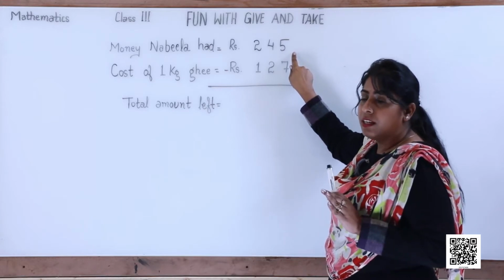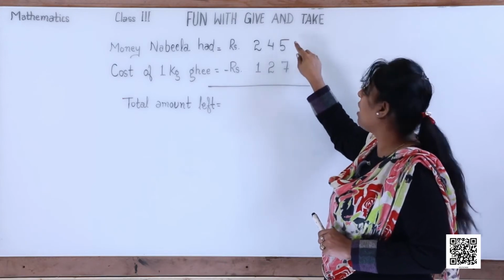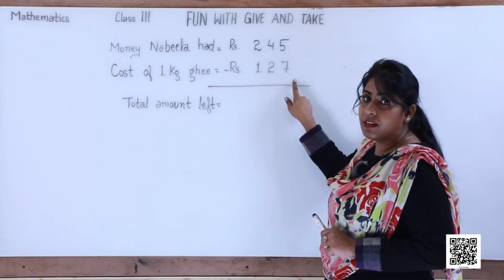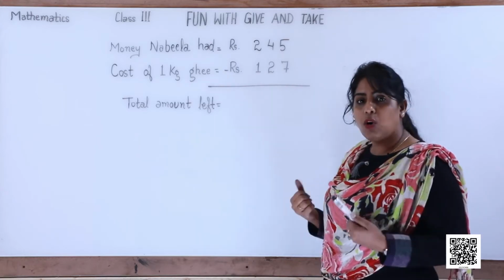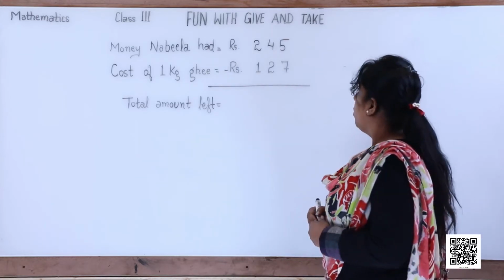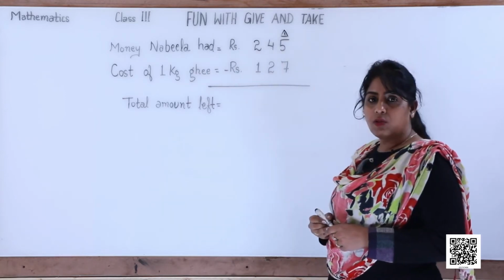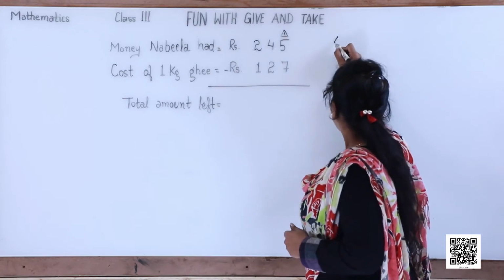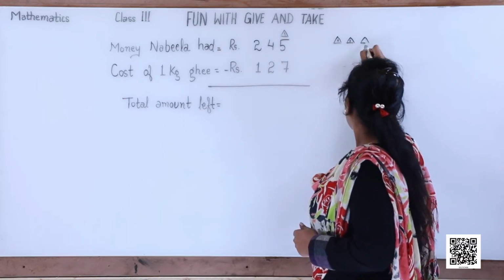We cannot do it. If you have 7 toffees, you can give 5. But if you have 5 toffees, you cannot give 7. So, to give 7, what are you going to do? Borrow something first. So, let us denote ones with the triangles as we already used to do. We had 5 triangles, right? 5 ones here.